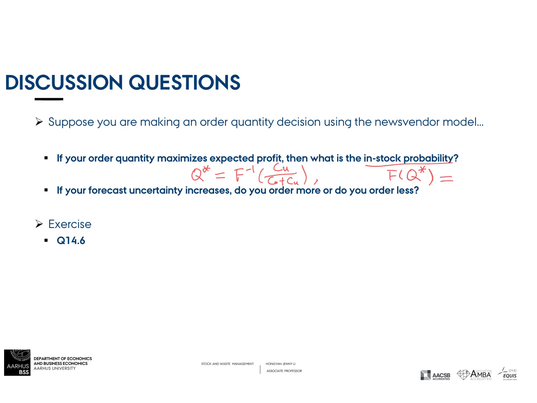So this F(Q star) equals CU over CO plus CU. So that means the critical ratio is the in-stock probability.